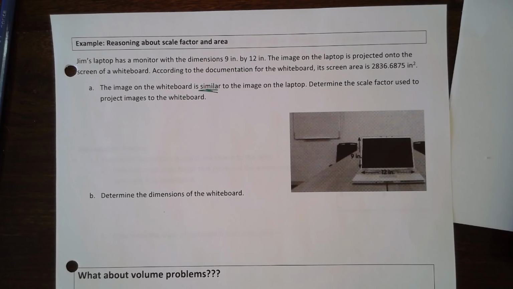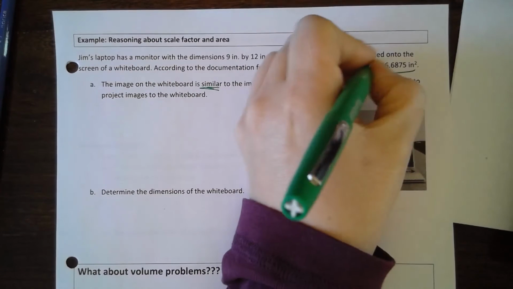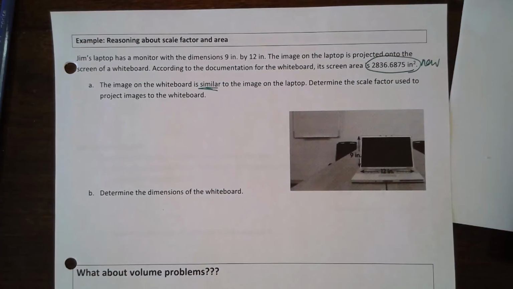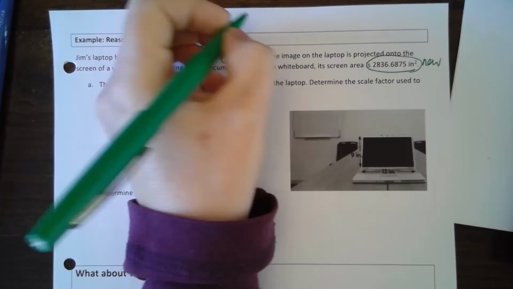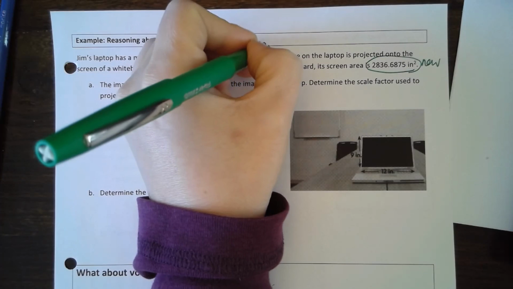So in this question, we're going to find K, but we aren't going to do it the same way. We're not given dimensions that are similar, not single dimensions or lengths. We're actually given the new area of the screen, and we're given the area of the original.